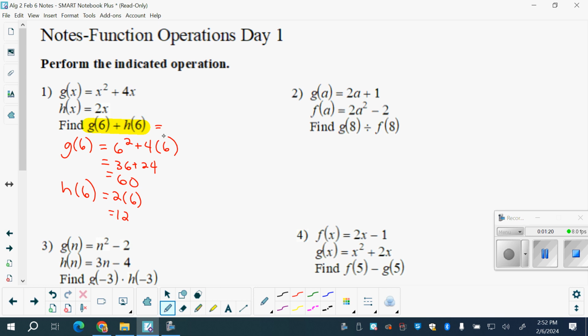So the g of 6 is 60. Actually, let me do that up above. 60 plus the h of 6, which is 12, and that gives us 72. So our g of 6 plus h of 6 is 72. Does that make sense?